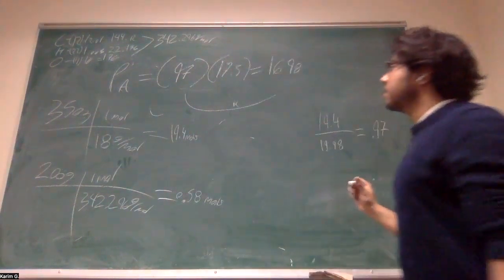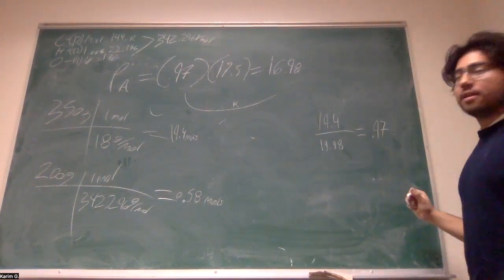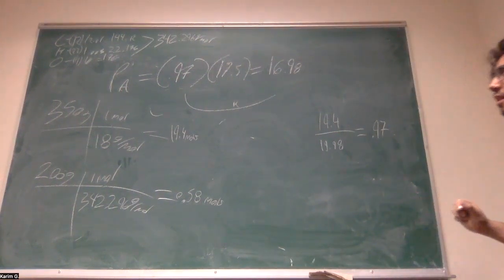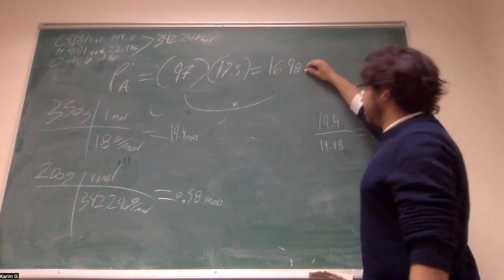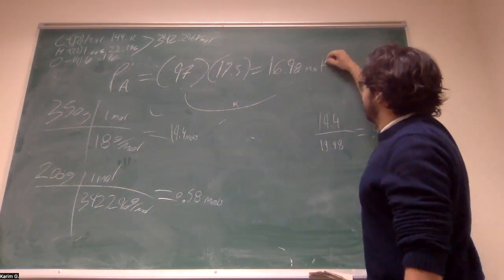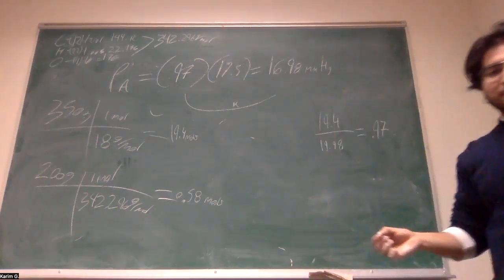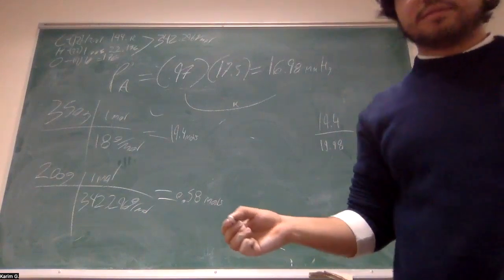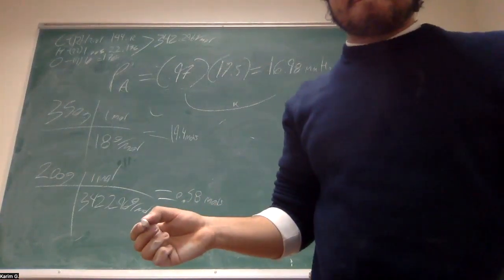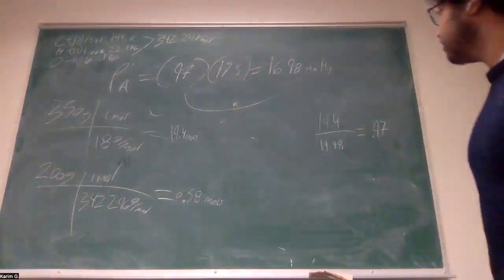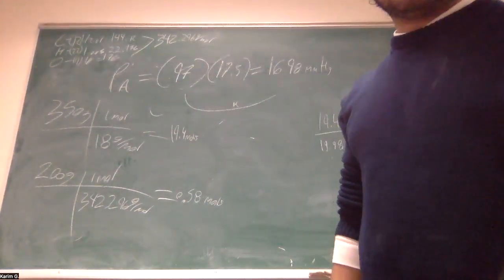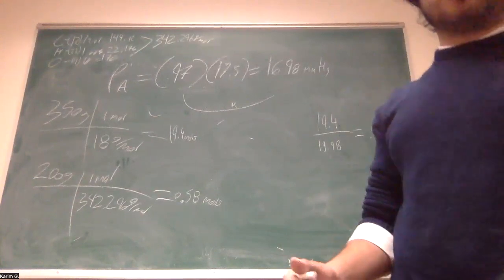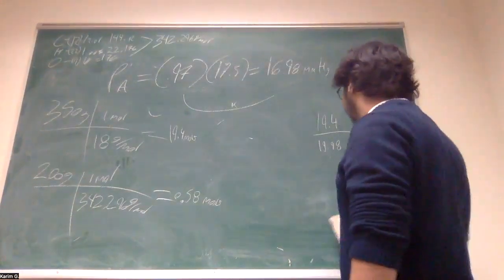Millimeters of mercury. Would we round that to 17 or would we put 16? Yeah, it rounds to 17. Cool.